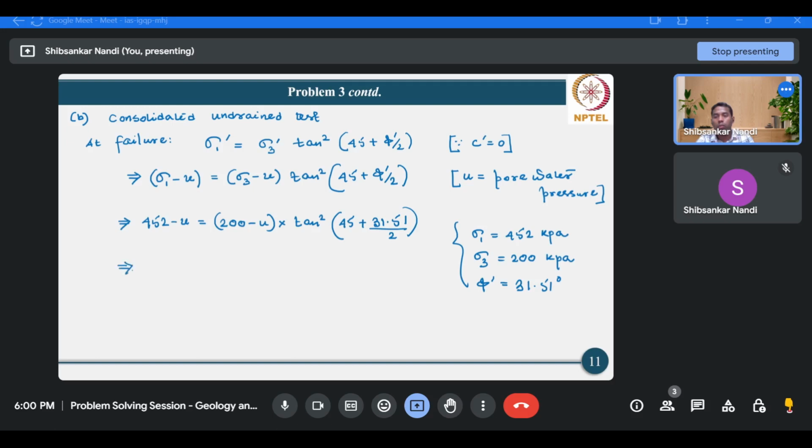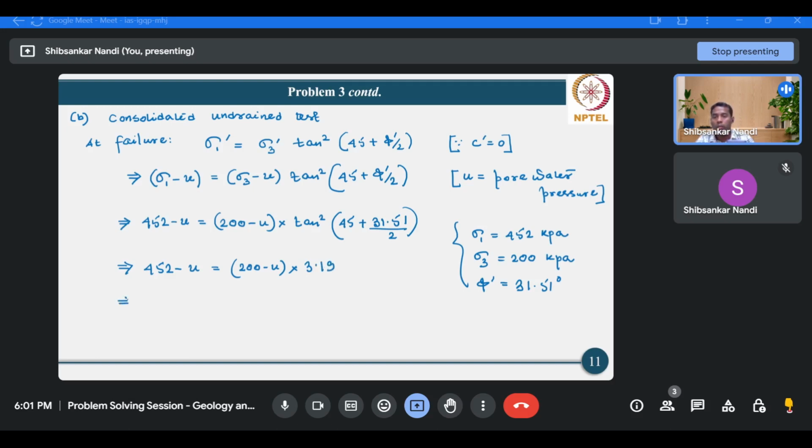So therefore 452 minus u over 200 minus u, now this value would be 3.19.